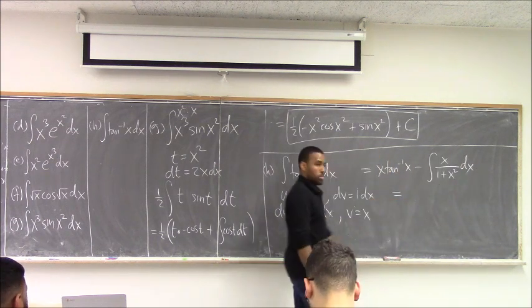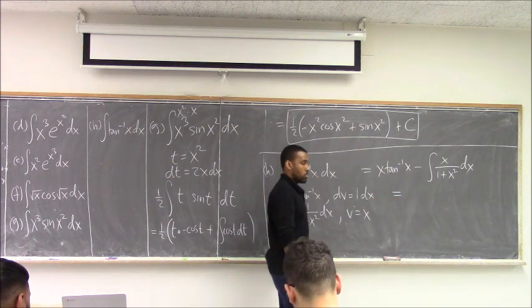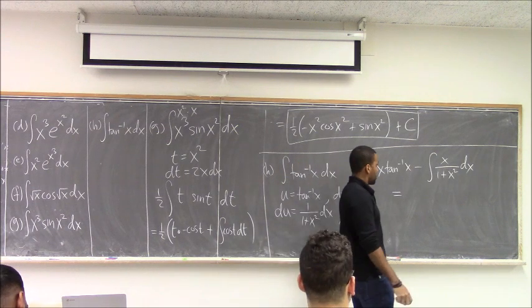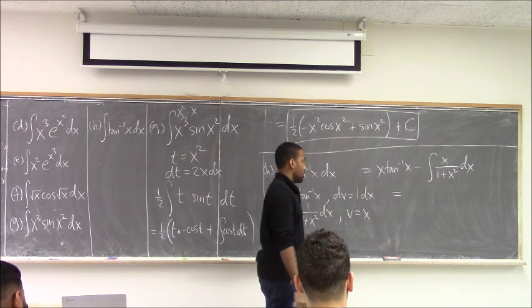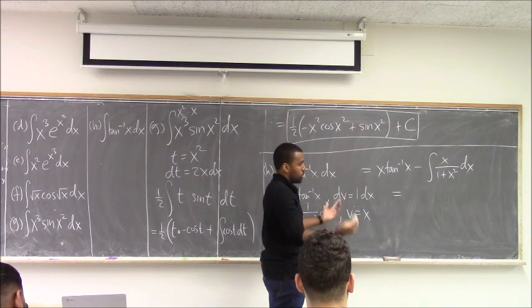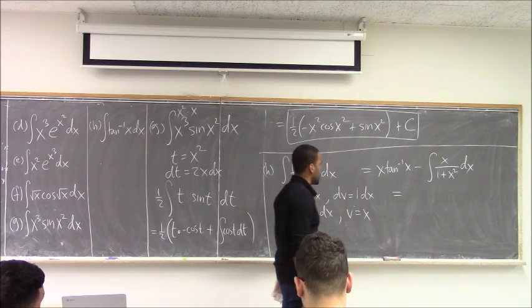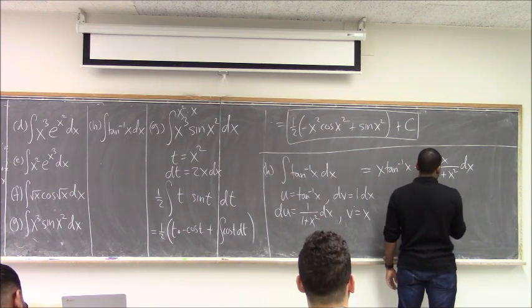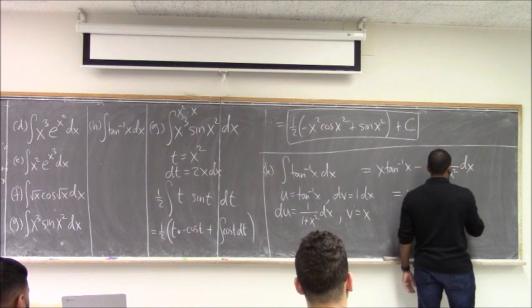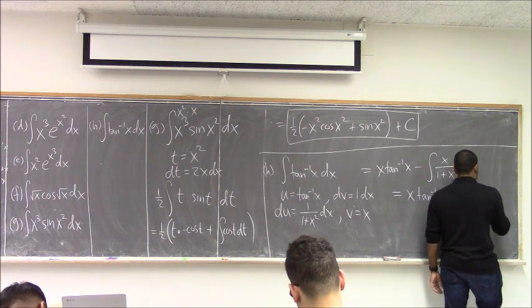How do you do that integral? U-substitution, right? U equals 1 plus x squared, your du is going to be 2x dx. You're going to have to factor out the half, but ultimately you're going to end up with 1/2 ln of 1 plus x squared.